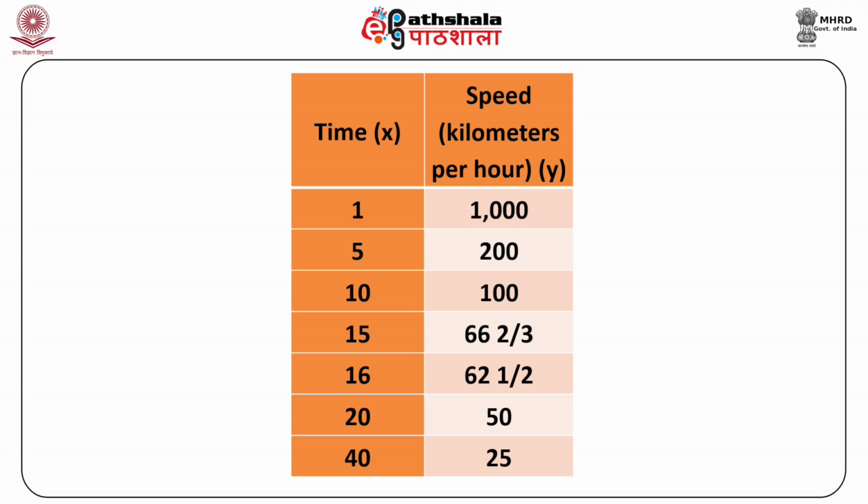Now, here we are considering the case of a plane traveling at different speeds. Obviously, some of this data is hypothetical because it could be traveling at a speed of 25 kilometers per hour if it is taxiing on the runway within the airport. In this example, however, the speed of the plane is assumed to be exact.